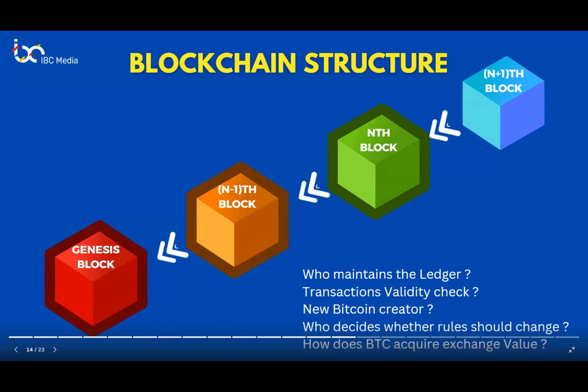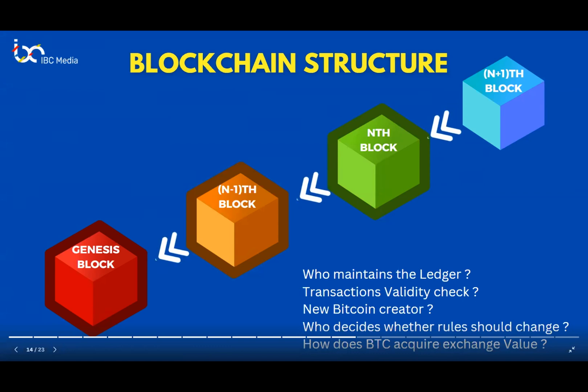If you look at a blockchain more deeply, it is nothing but a chain of blocks. Now, what do these blocks contain? These blocks contain transactions. These transactions follow a certain set of rules, which everybody has to abide by.